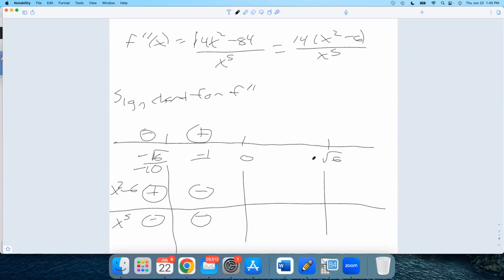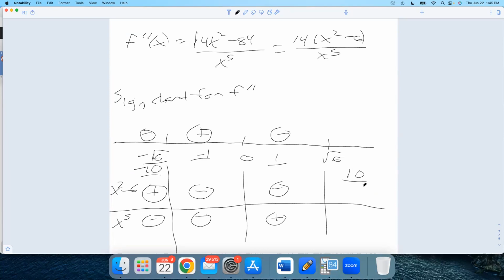Plug in any test point over here. I'm going to plug in 1. 1 minus 6 is negative. 1 to the 5th power is positive. A negative times a positive is a negative. And then I'll plug in anything bigger than root 6. I'll plug in 10.